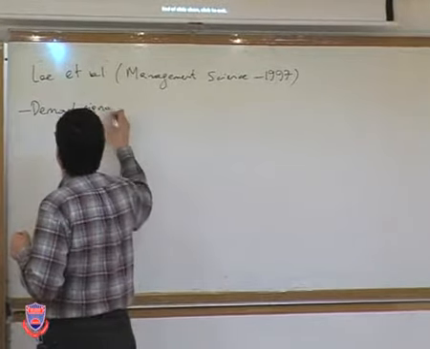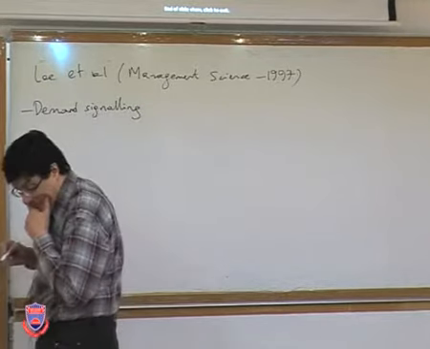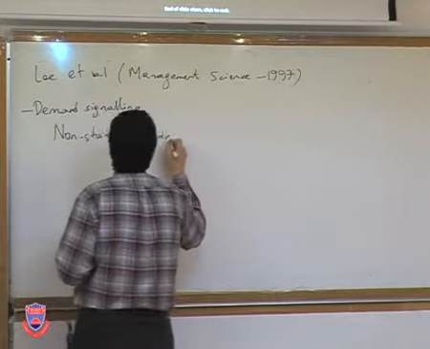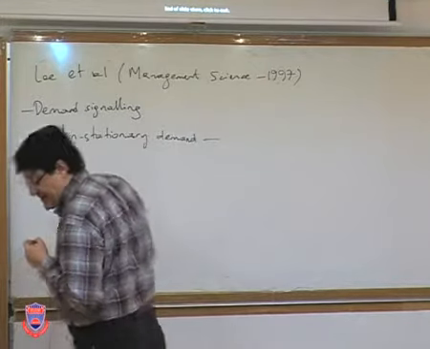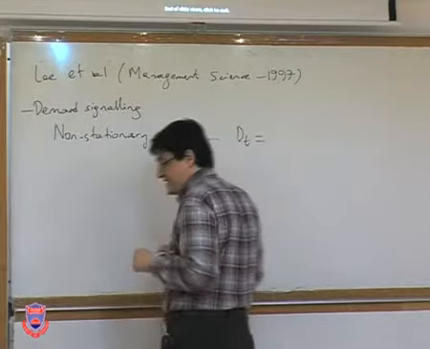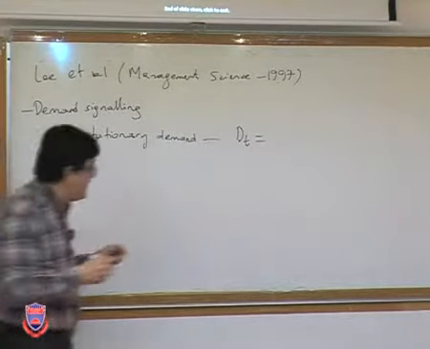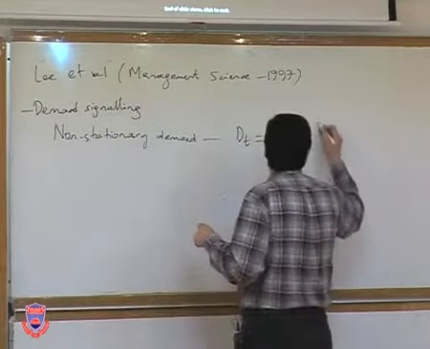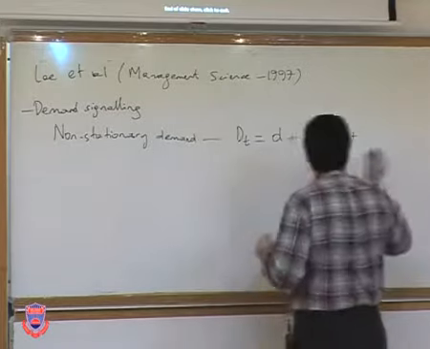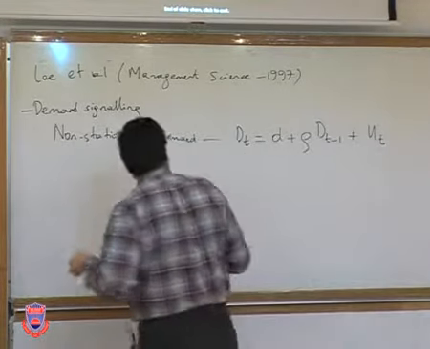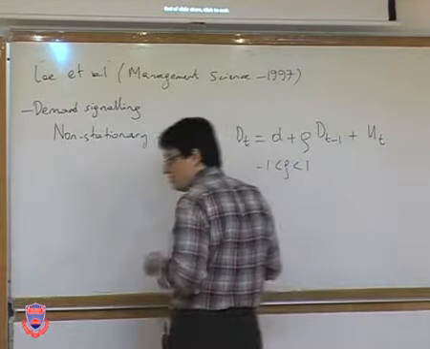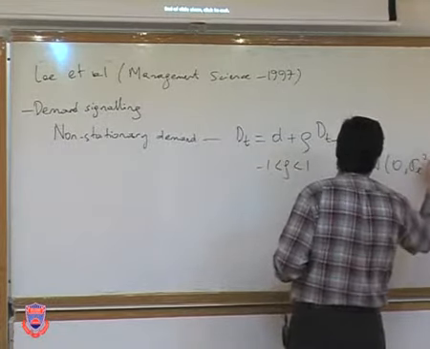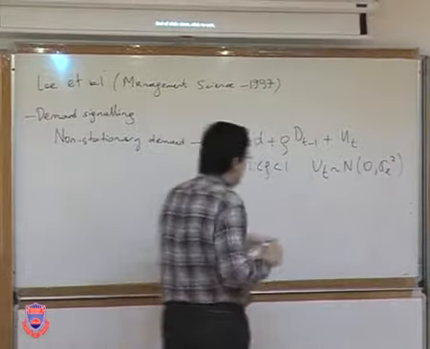We don't have any forecasting problem. We are going to assume that we have a non-stationary demand process, and the model that is used to describe the demand is simply as follows. d_t, demand at time t, is a constant d plus rho times the demand at time t minus 1 plus an error term u_t, where rho is in between -1 and 1, and u_t is a normally distributed random variable with mean 0 and variance sigma square.